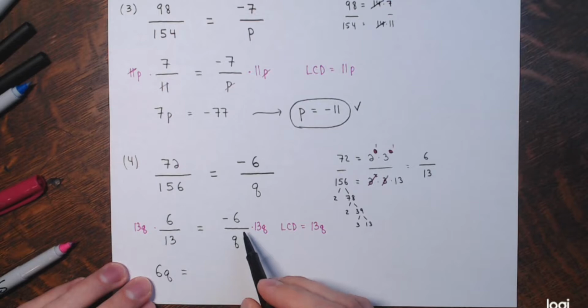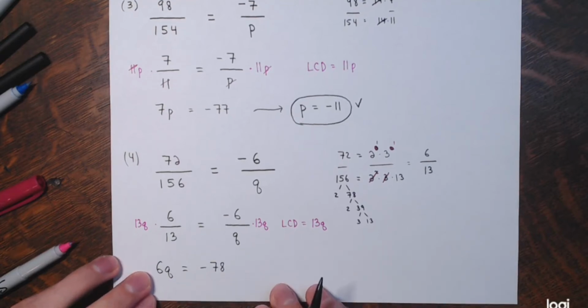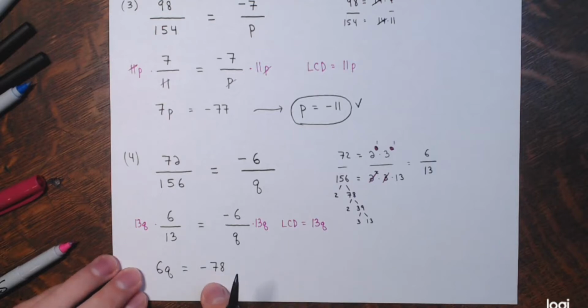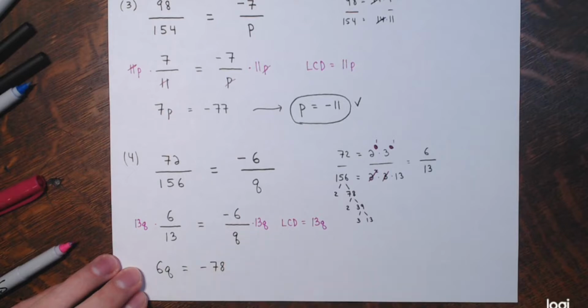On the right side, the q's would cancel. You have negative 78, 60 plus 18, negative 78. And dividing by 6, we know from the earlier factorization that 6 goes into 78 13 times. So q would be negative 13, negative 78 divided by positive 6.